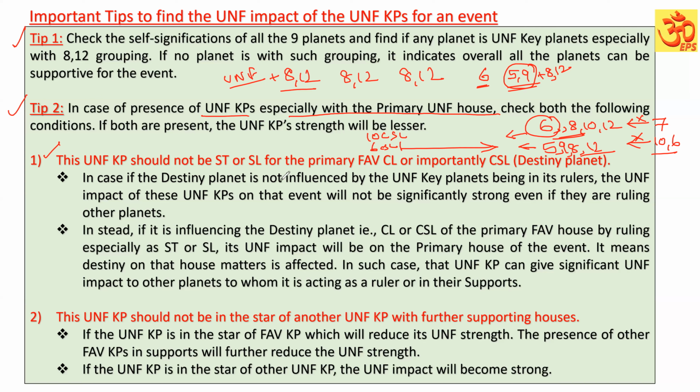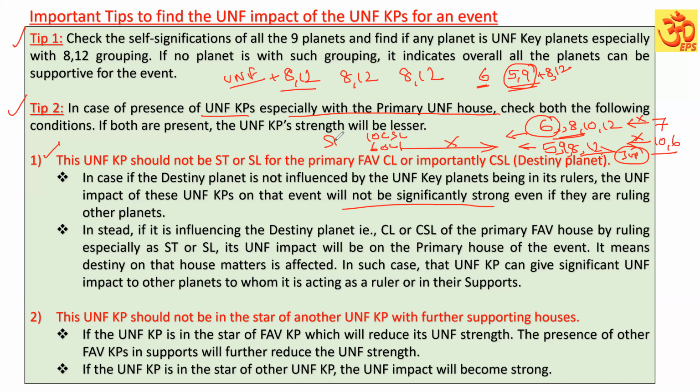In case the destiny planet is not influenced by the unfavorable key planets being its rulers, the unfavorable impact of these unfavorable key planets on that event, 10th house matters or 6th house matters, will not be significantly strong, even if these planets are ruling for the other planets. Suppose the 10th sublord or 6th sublord is not having this. Suppose Jupiter is the unfavorable key planet, for example.